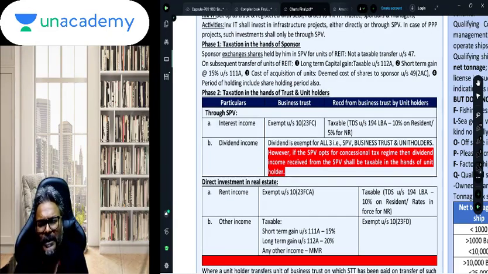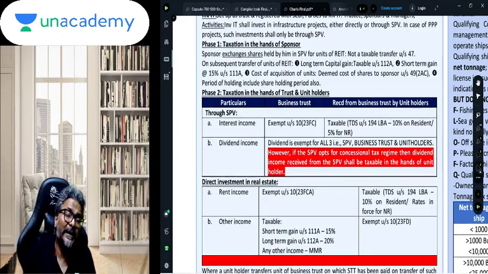Okay, just hold on. Let's discuss the other income stream of the REIT. The other income stream of the REIT would be that they would have done massive investment in the various infrastructure projects. Now, if they have done a massive investment in the various infrastructure projects, then in that particular case, students, we will say what? That the SPV will be in receipt of the rent.